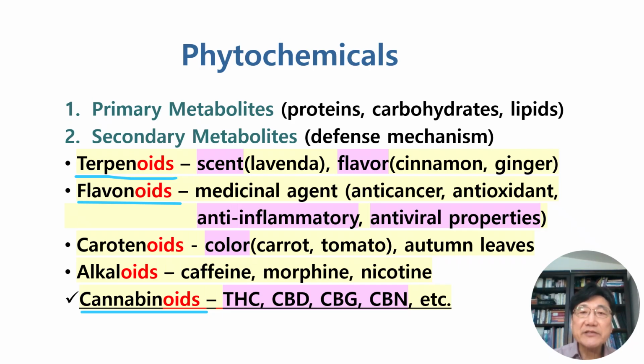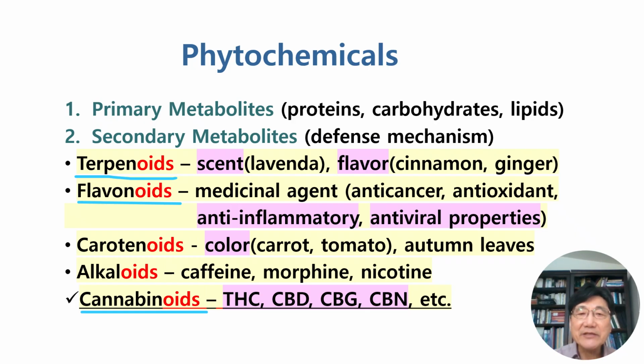Natural substances found in plants are called phytochemicals. They are divided into two major groups, primary metabolites and secondary metabolites. Primary metabolites are essential compounds for the plant's survival.